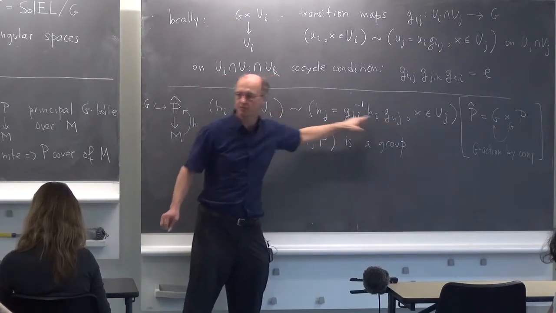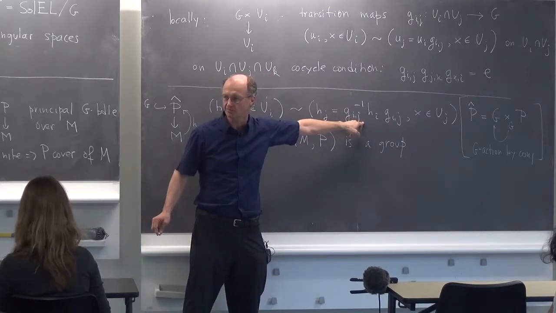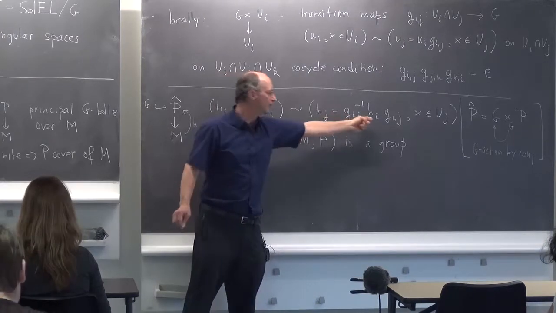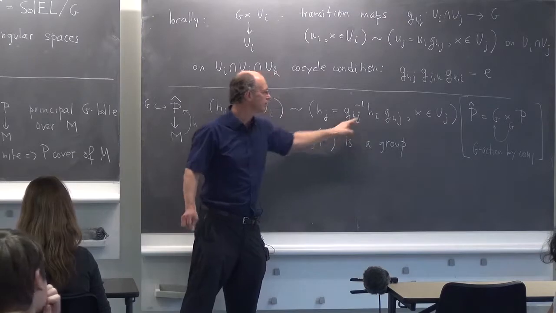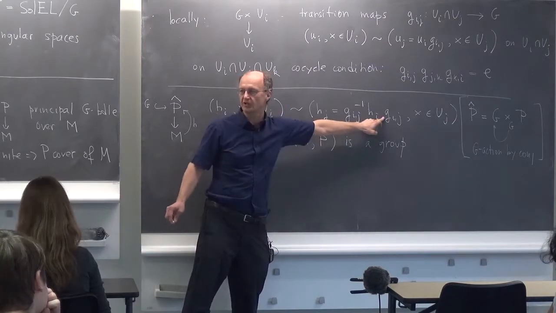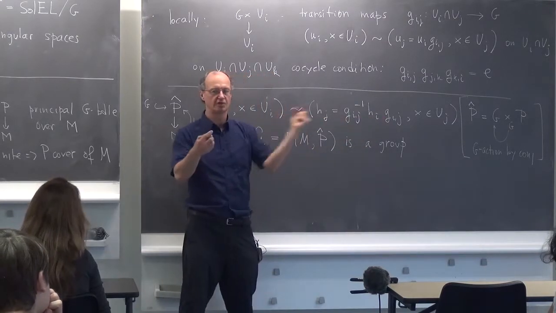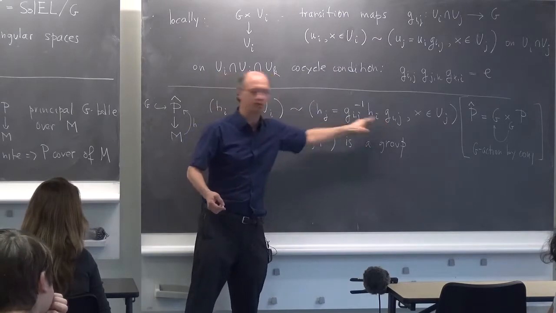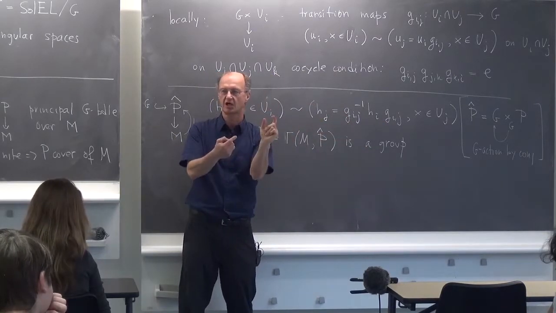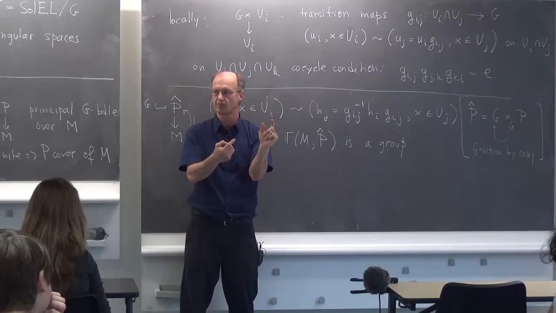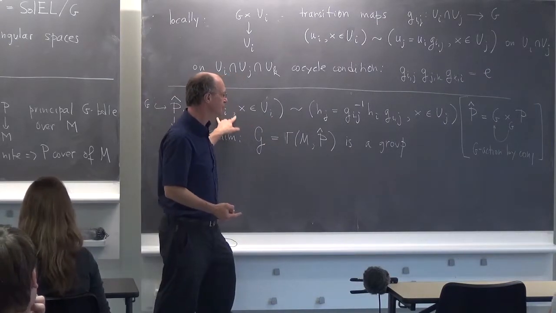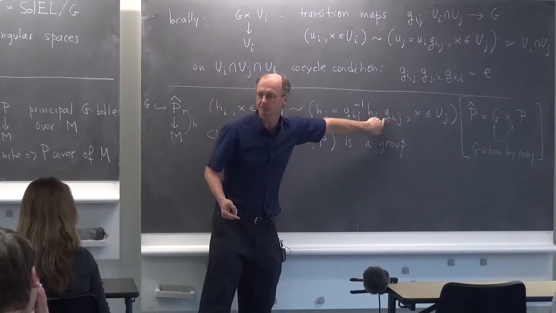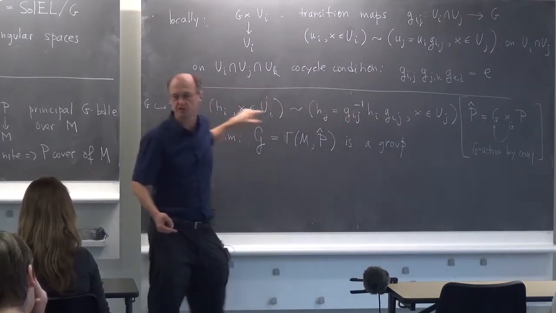This map is different by this conjugation. Now I multiply on this side. But the conjugation is a group homomorphism, right? So if I multiply two elements which are conjugated by the same thing, I get the conjugate of the product. So this means that the product on charts, the naive product on charts, will agree if I apply this map.